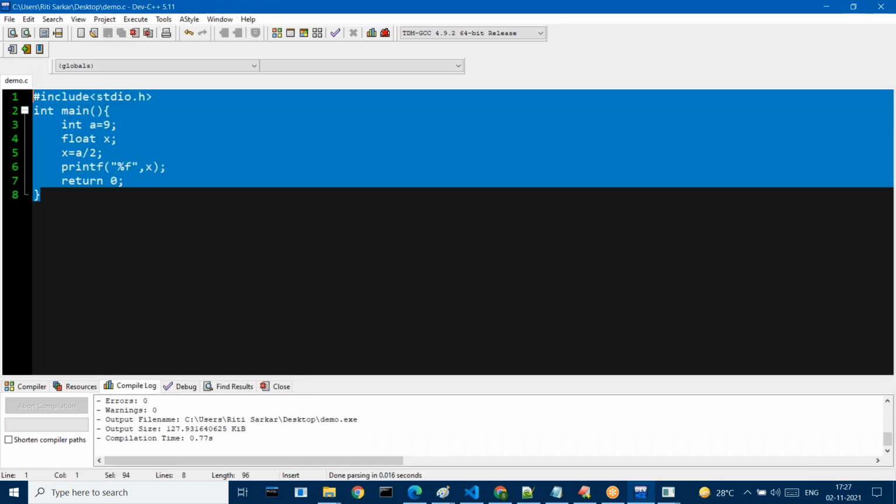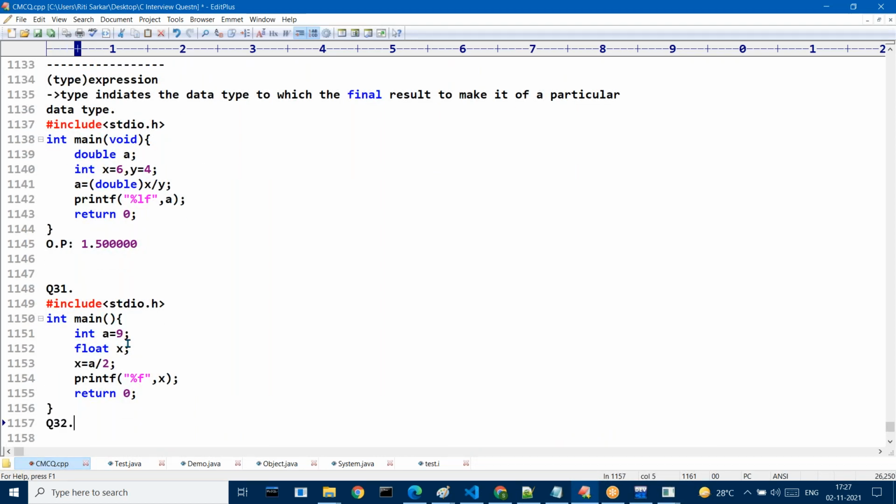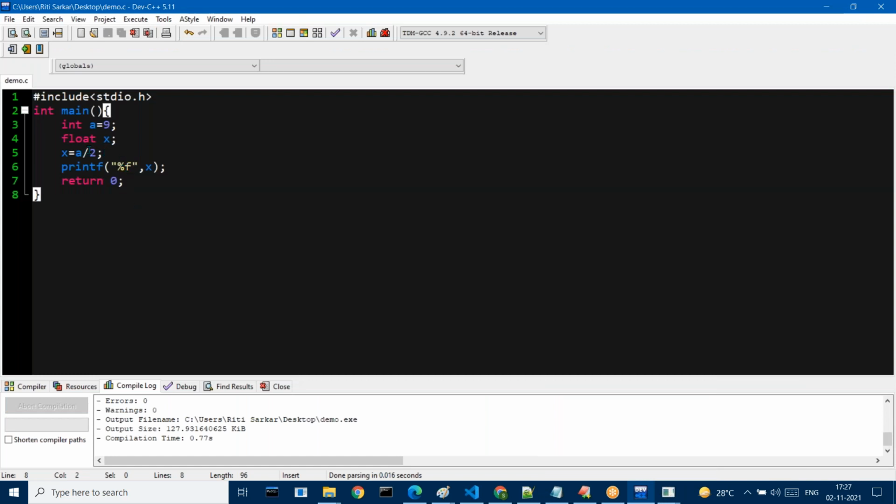Next, in this coding, I'm making a little bit of change. What change, sir? Today we have learned explicit typecasting, na? So I will make a small change here. What is the change? I will make here float. What is the output this time?